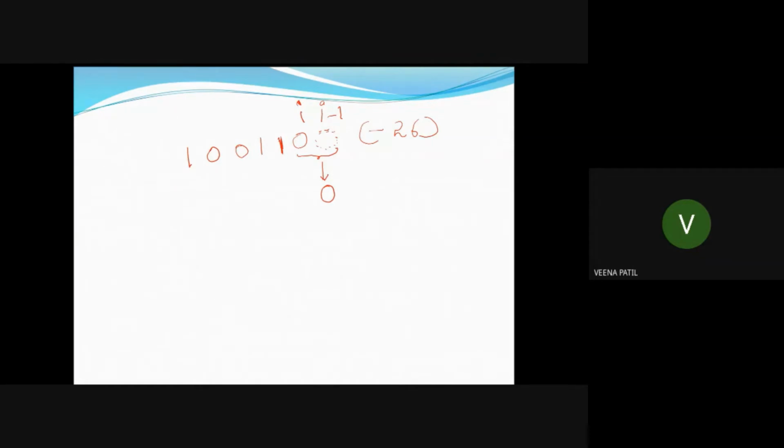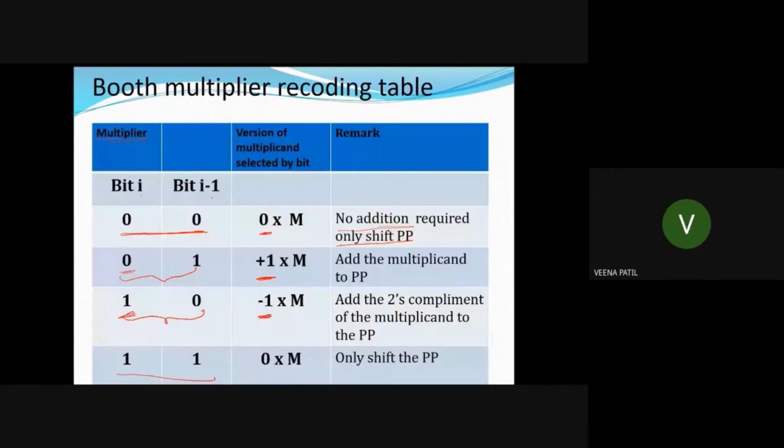Now let's shift one bit position towards left. So the new pair of bits is 1 0. Now when it is 1 0, minus 1. Those who didn't understand, please see the table. Just compare the bits here. For 1 0 it was minus 1.